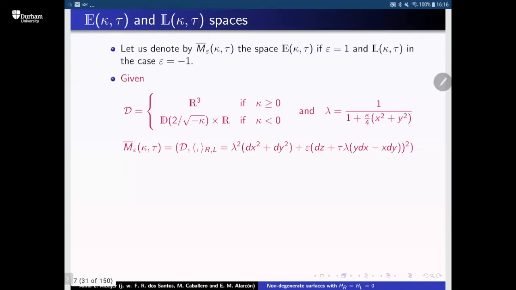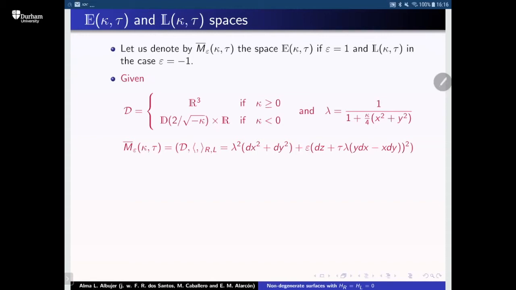Topologically, they are the same manifold. When kappa is greater or equal than 0, they are just the topological manifold R3, and when kappa is negative, we can consider a solid cylinder.